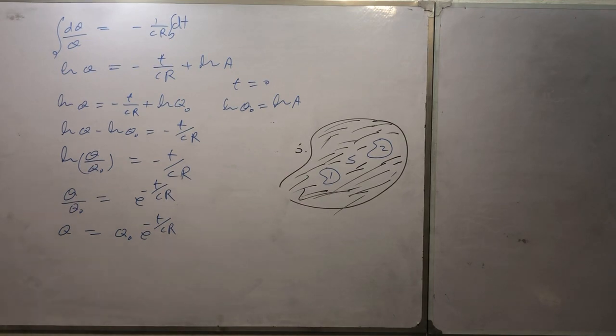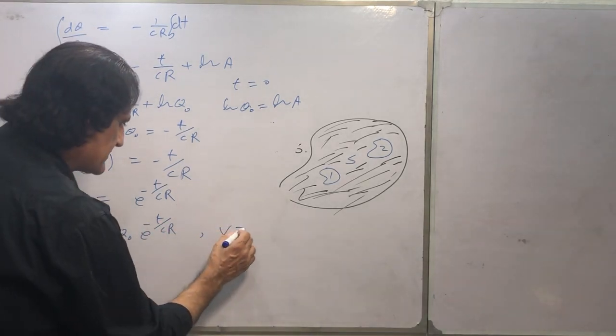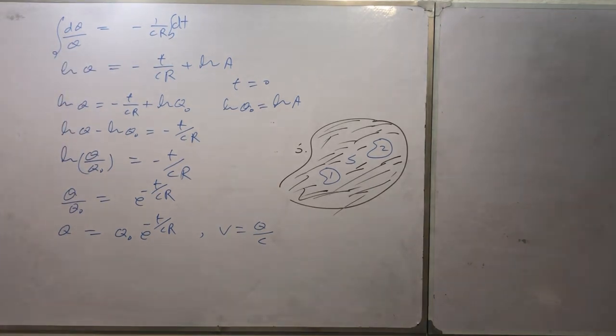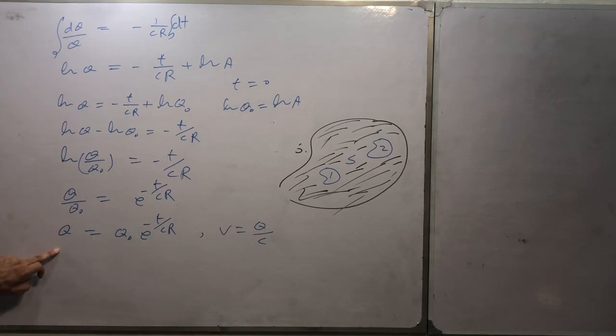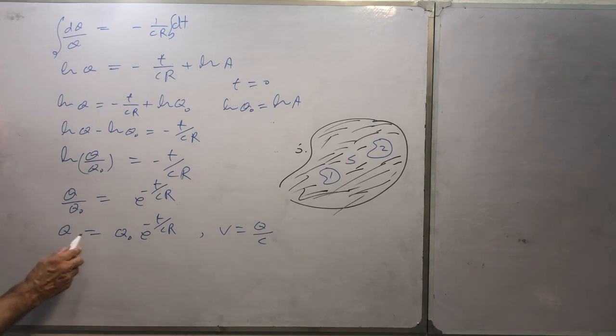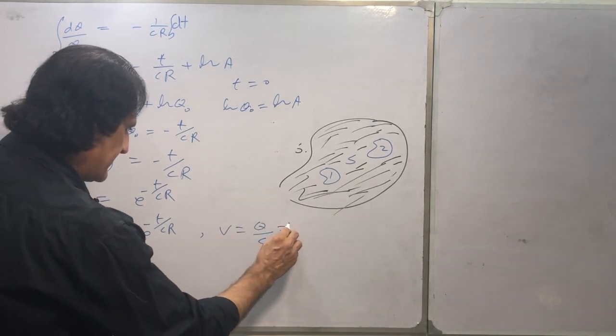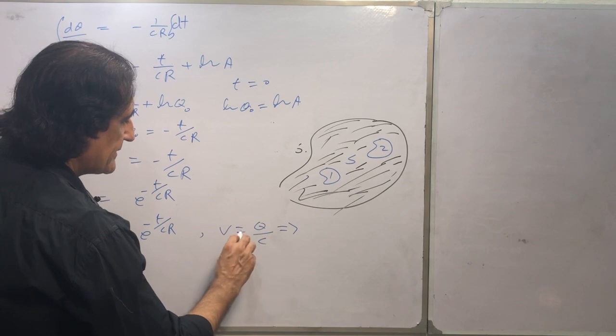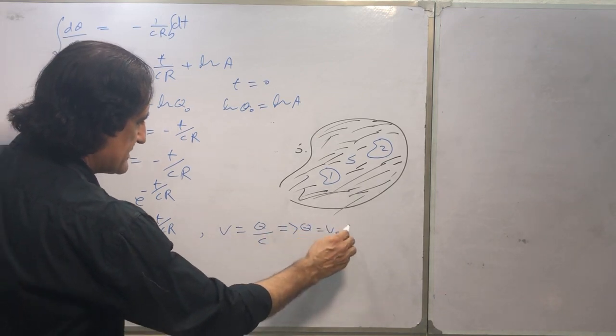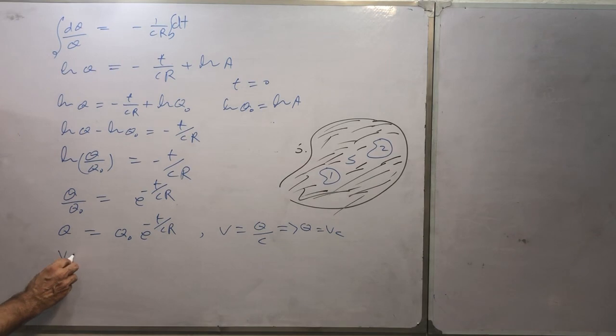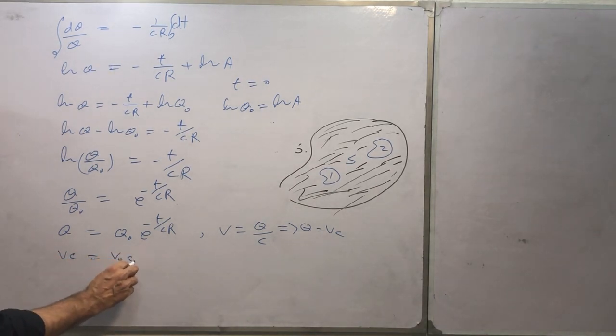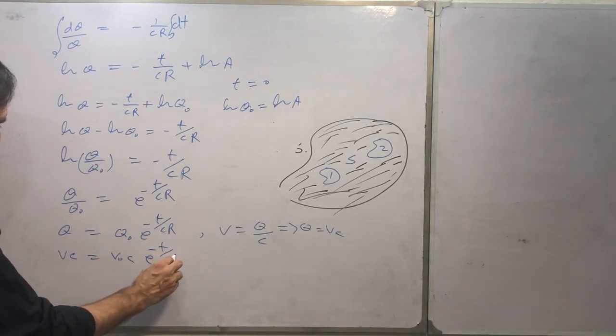And we need to find the expression for the voltage. How can we relate it? V is equal to Q divided by C, so Q is equal to VC, and this is V naught C e to the power minus t divided by CR.